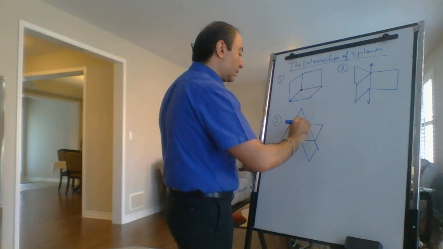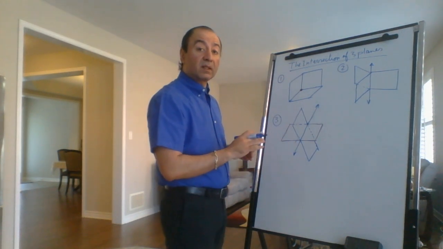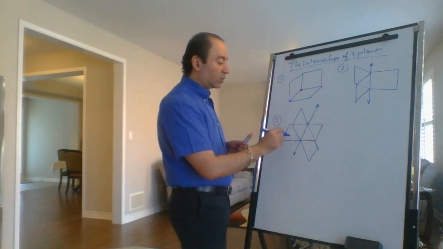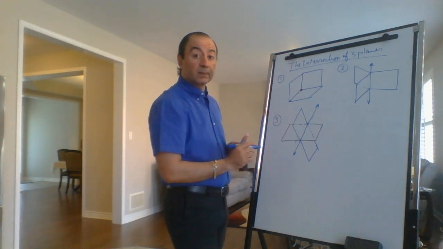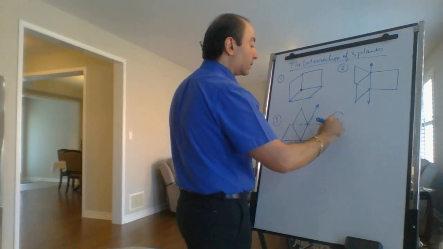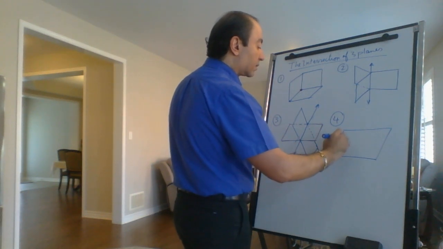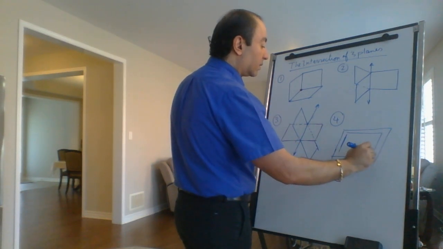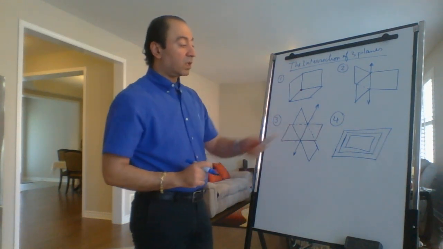Those also share a line. So two coincident planes, 1 and 2, and the third one cuts them. Okay, this is the third case. The fourth case is 3 coincident planes. 3 planes lie on the top of each other. Okay, they share a plane.